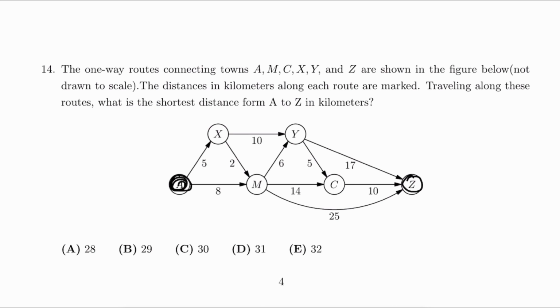What is a good way for us to keep track of the shortest distance? We start at A, and the shortest distance from A to A, let's just say the labels are the shortest distance from A to that town.